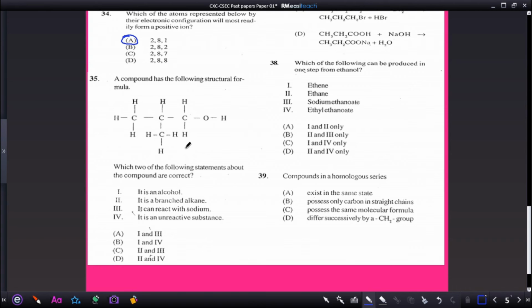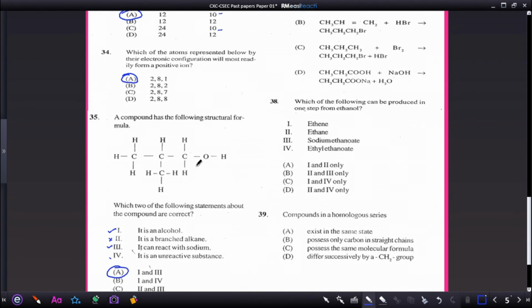So alcohols react with sodium to form the alkoxide. 4. Is it an unreactive substance? Is the alcohol unreactive? No, it is reactive. So that's not true. This is true. So it's 1 and 3. So that's A.